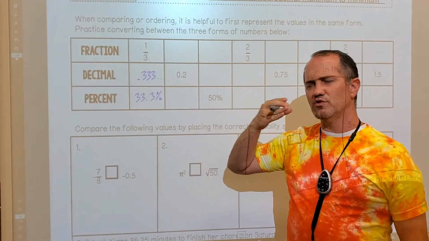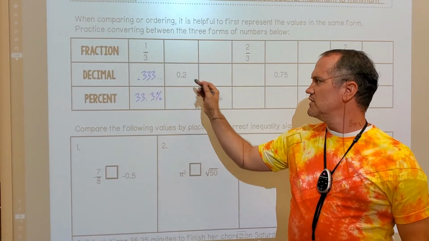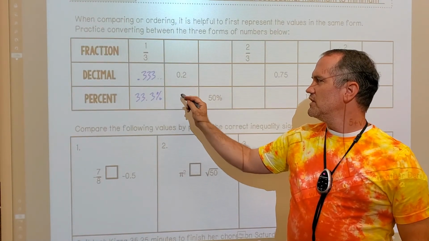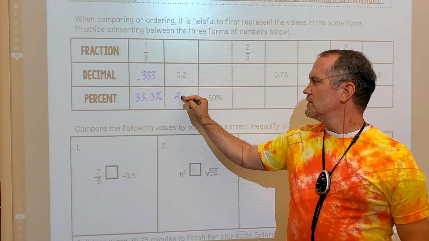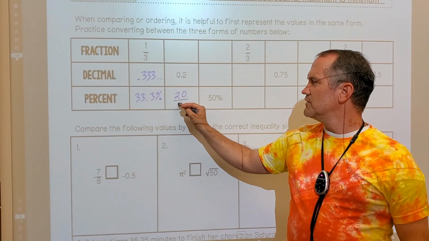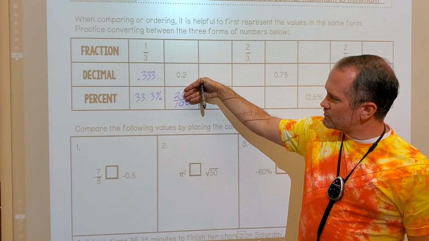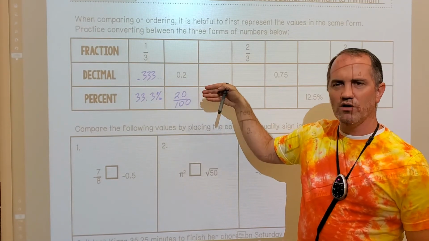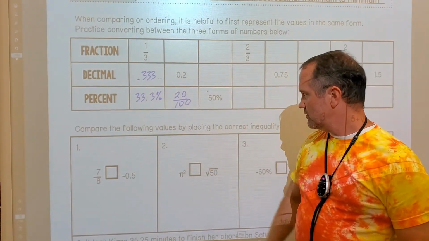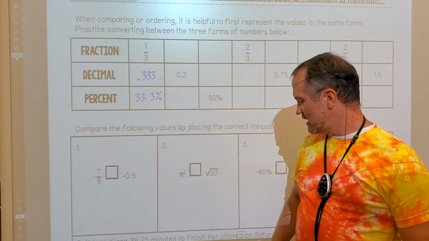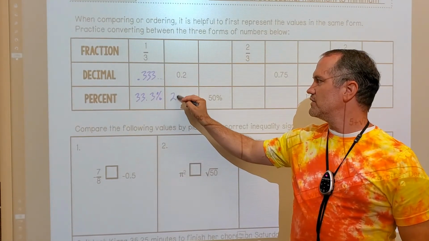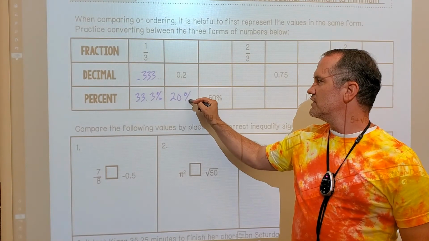We're trying to find what it was out of 100. So 0.2 out of 1 is 20 out of 100. It's 2/10, which is 2 over 10, and then you just add an extra 0 on all of them, so it's 20 out of 100. Writing that as a percent is 20%.